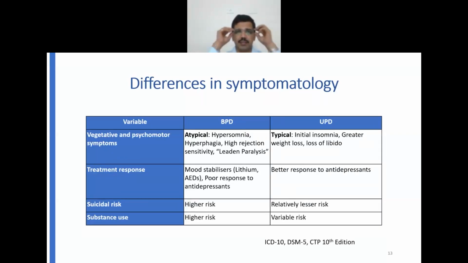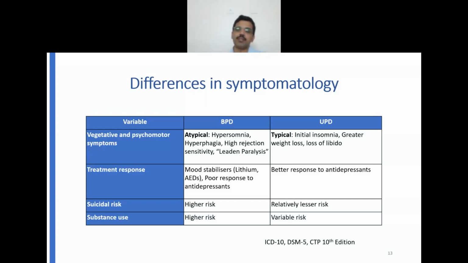Along with that, bipolar depression might present with a set of atypical vegetative and psychomotor symptoms. They will be sleeping more, so there will be hypersomnia, hyperphagia, high rejection sensitivity, and leaden paralysis, a description where they feel that the limbs are heavy like a block of log.